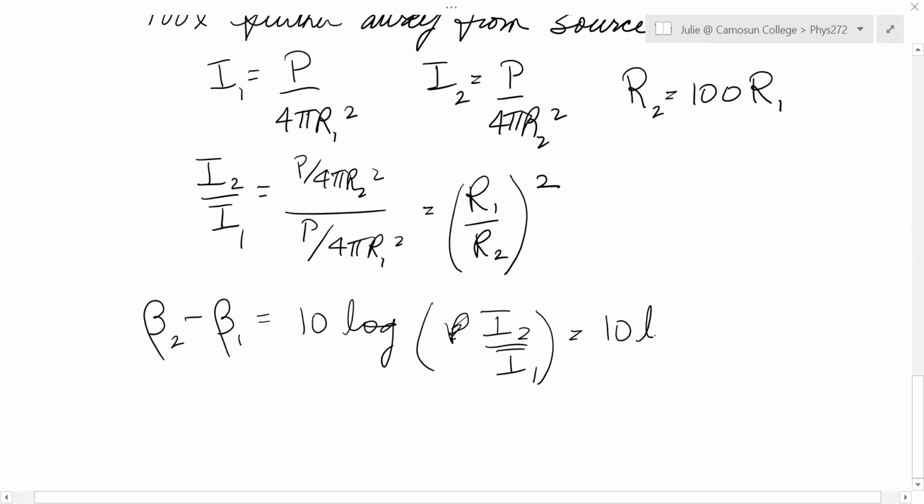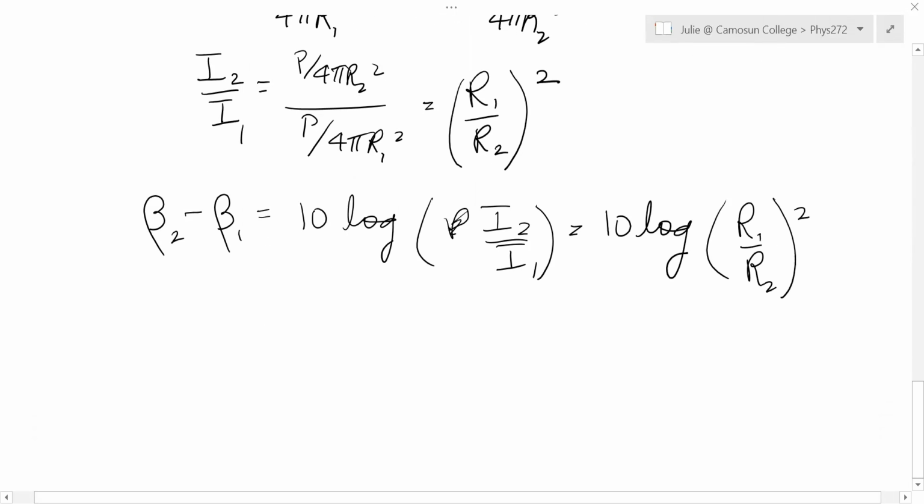And so it's 10 log of R1 over R2, squared. Use that rule: log of A to the N is N log A. So bring the 2 down. We've got 20 log R1 over R2.